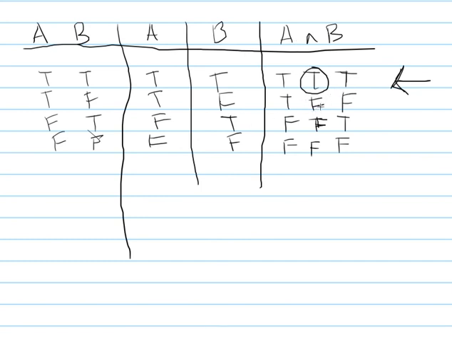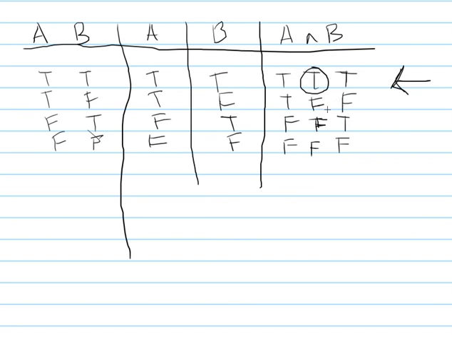There are many other possible ways things might be in which the conclusion is false. B could be false, and therefore the conjunction might be false. However, in the case where B is false, the premise B is false, so it's not the case that all the premises are true. What matters for validity or entailment is that whenever all of the premises are true, the conclusion is also true.